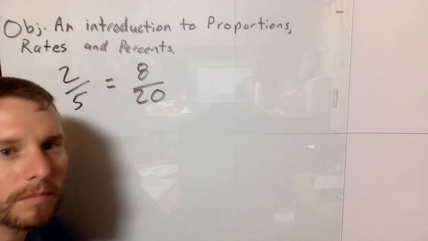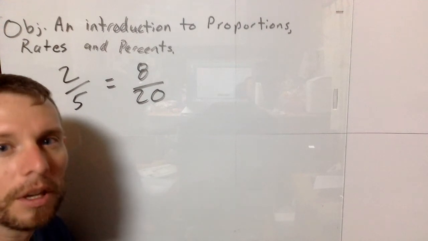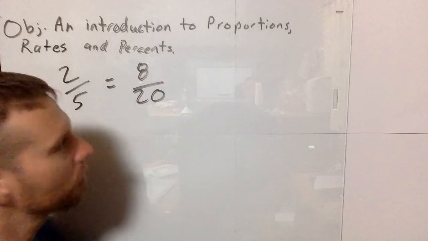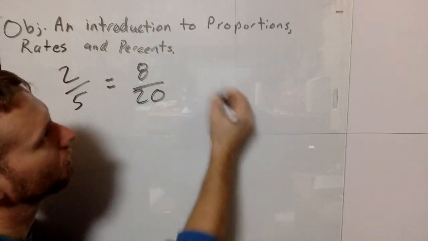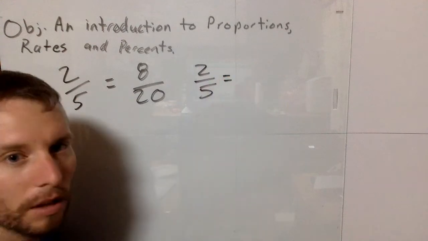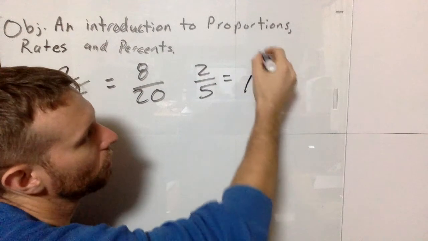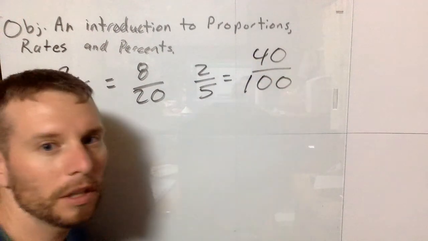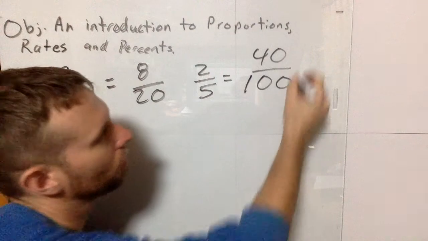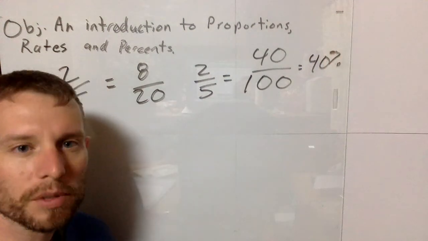Now, percents work the same way. Percent means per cent, out of 100. So if you had, for example, 2/5, if you were to put that into a percentage, that would be 40 over 100, or 40%.